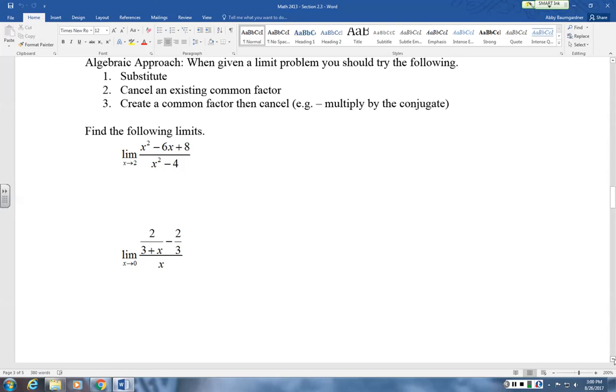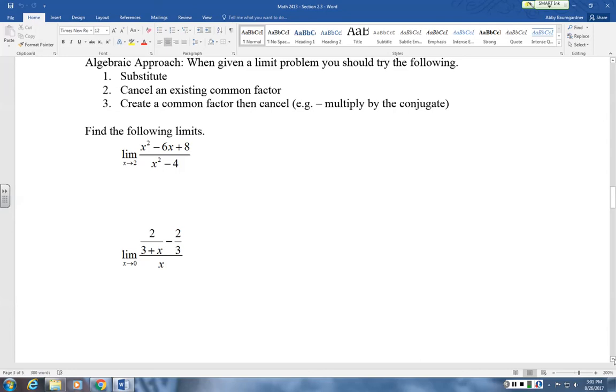So if we end up with something that's a little squirrely, for these first couple of problems it usually is the denominator 0 and the numerator 0, and we've got to do something else. If you end up with something squirrely like that, the first thing I would suggest is trying to cancel an existing common factor. In other words, factor something out and see if it cancels.